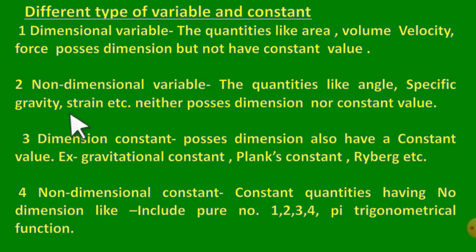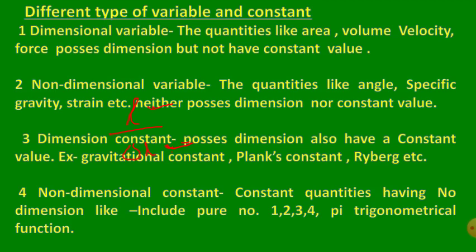Strain is something you will learn in another chapter in class 11, longitudinal strain or linear strain. This is nothing but the change in length to the original length. Change in length, or extension, or elongation, is also length.